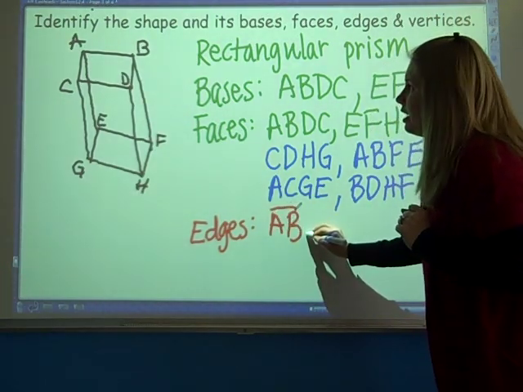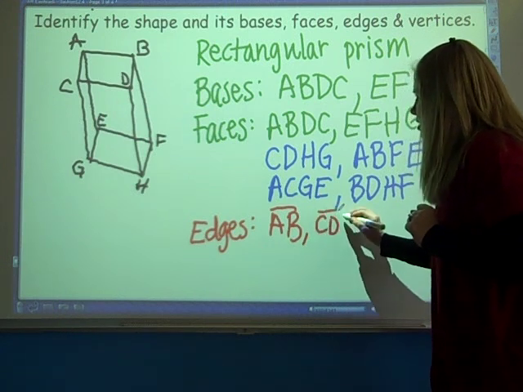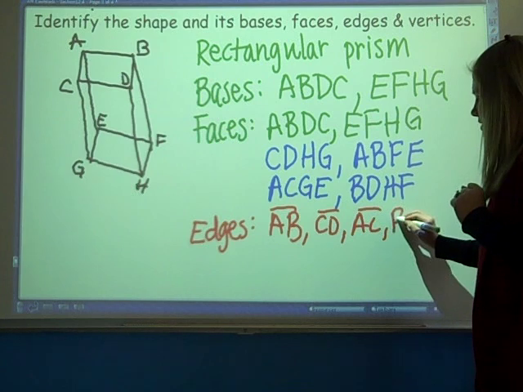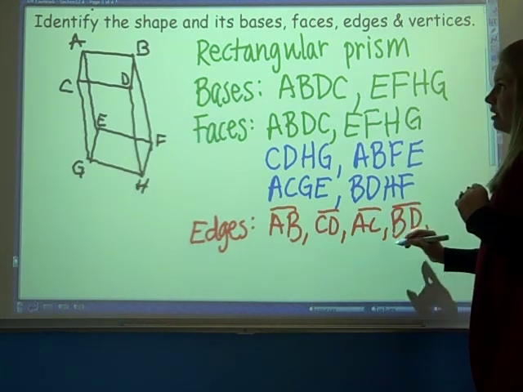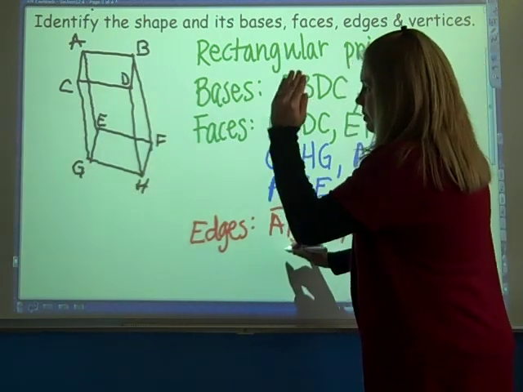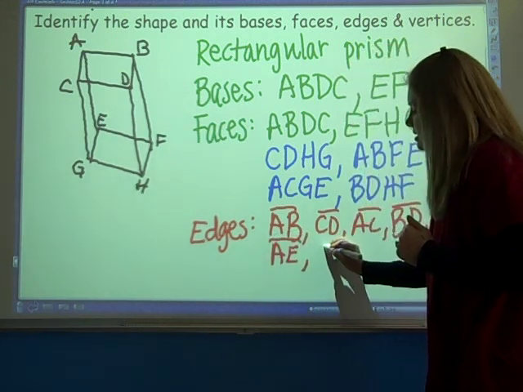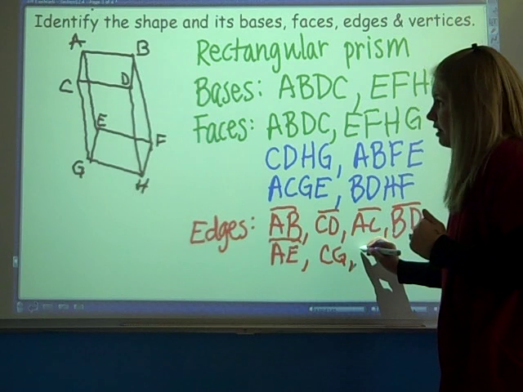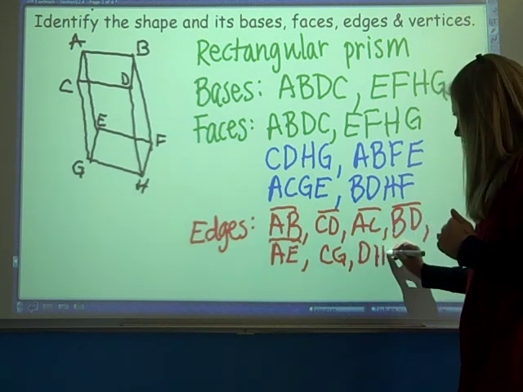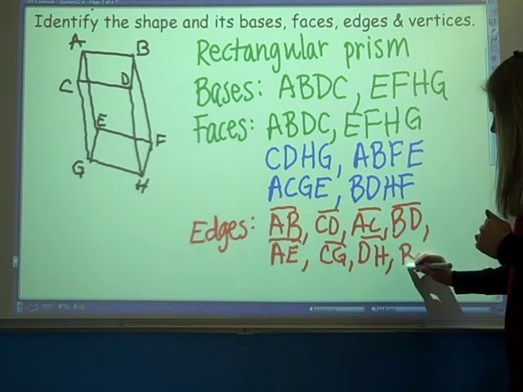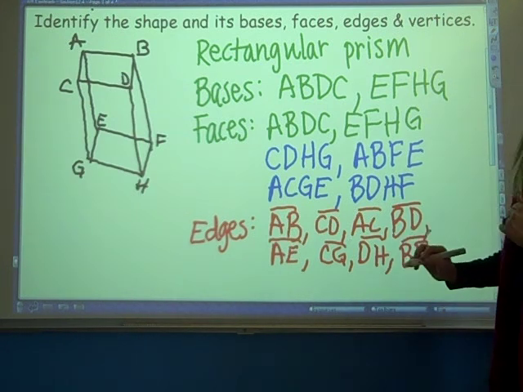So AB, another one is CD, another one is AC, another one is BD. We have the ones going up and down would be AE, then CG, then DH, and BF. Those are the ones going up and down, vertical.